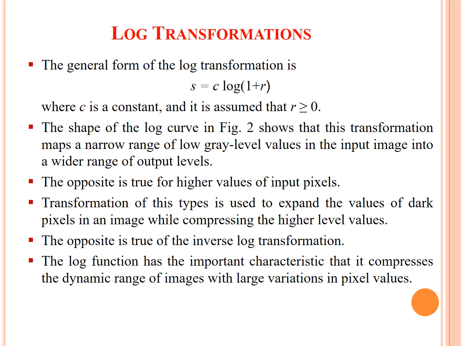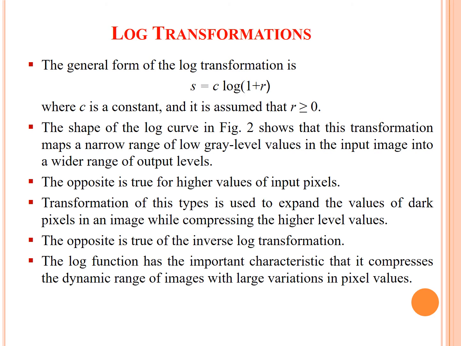Log transformations. The general form of the log transformation is s = c log(1 + r), where c is a constant and it is assumed that r is greater than or equal to 0. This transformation maps a narrow range of low gray level values in the input image into a wider range of output levels.